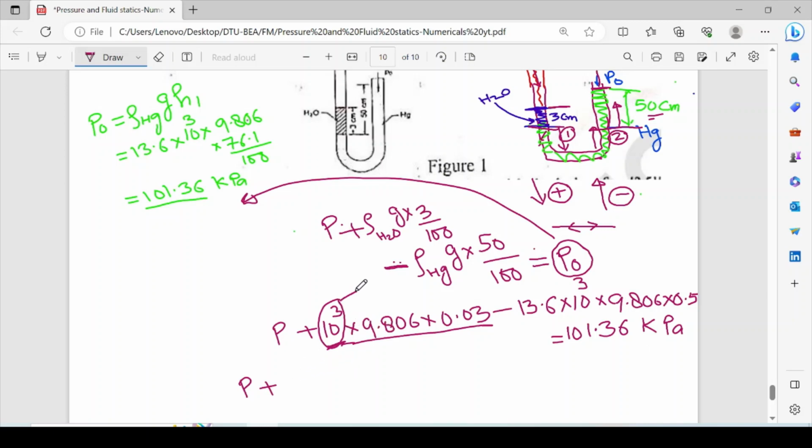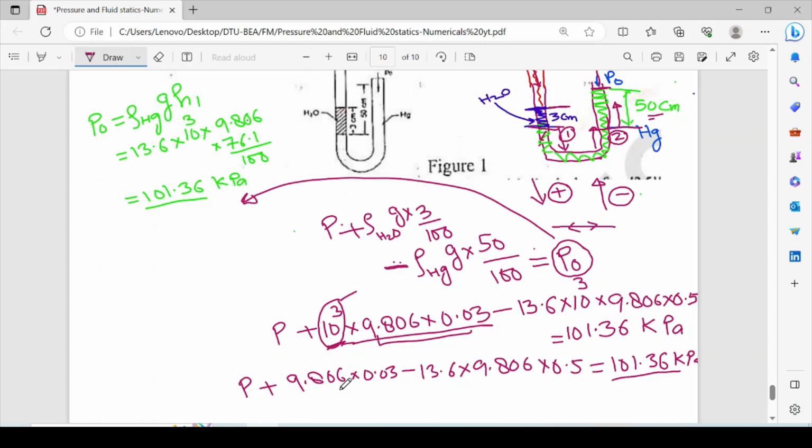So we take the common multiple of these two terms and we get 9.806 × 0.03 minus 13.6 × 9.806 × 0.5 equal to 101.36, and this side is also in kilopascal and this value is also in kilopascal.